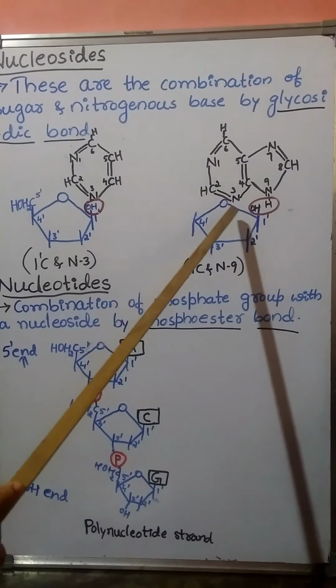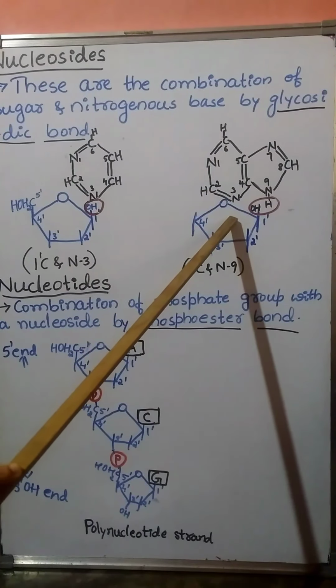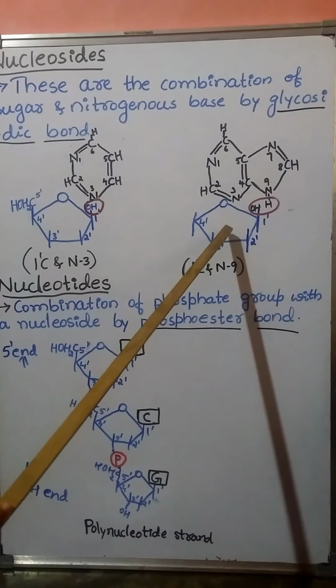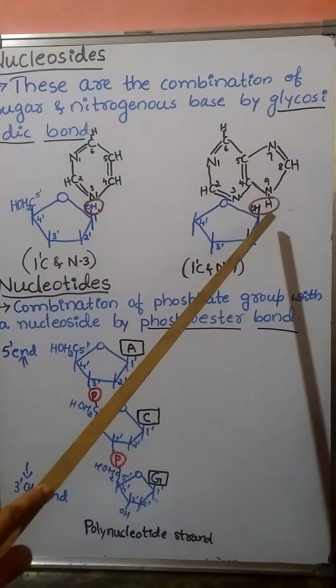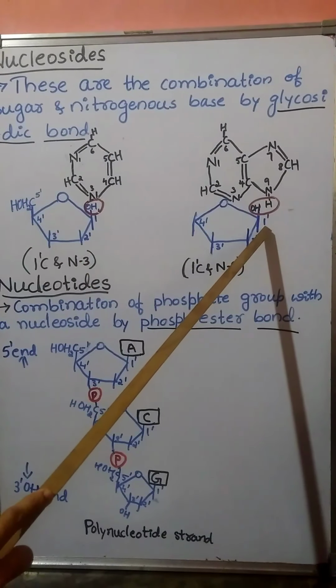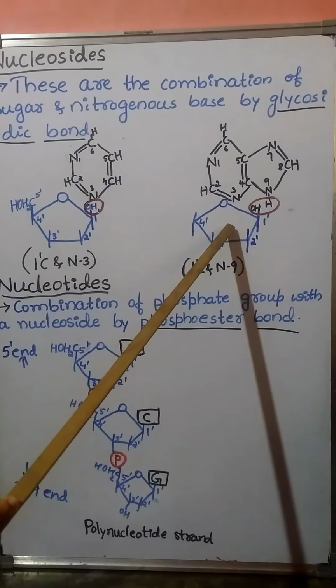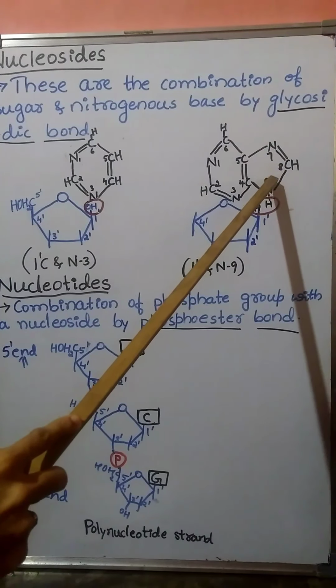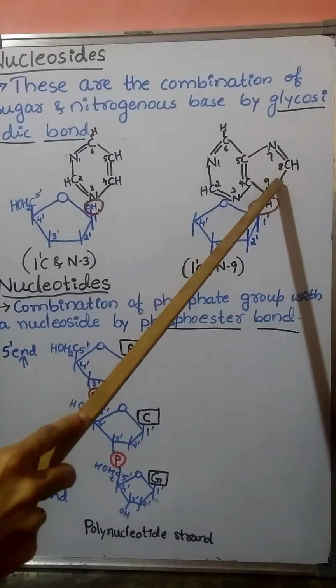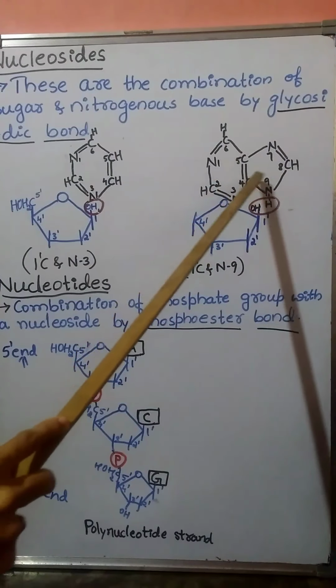Purine attaches to the pentose sugar, that is deoxyribose sugar, by forming a glycosidic bond between the 1' carbon of the deoxyribose sugar and N9, the nitrogen present at the 9th position of the purine.